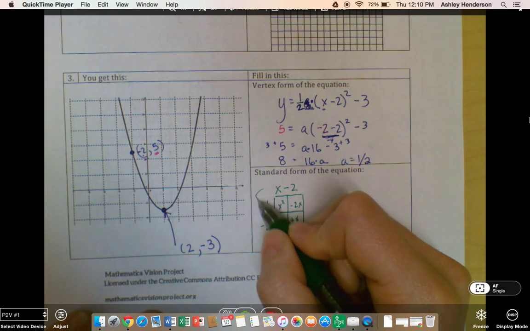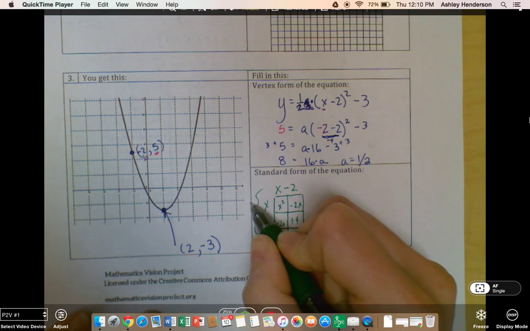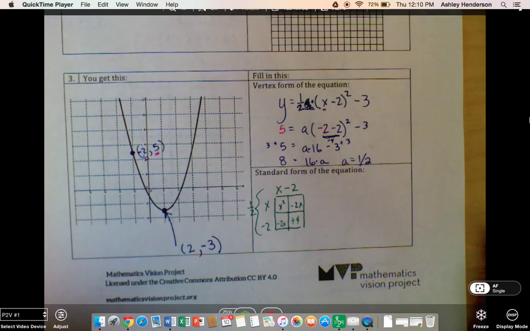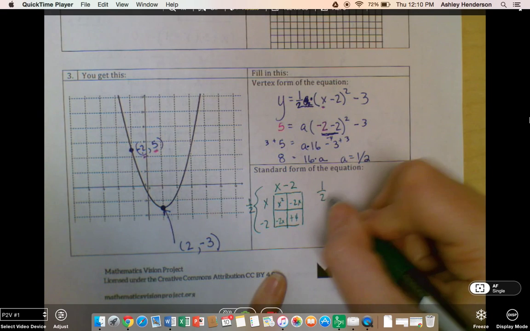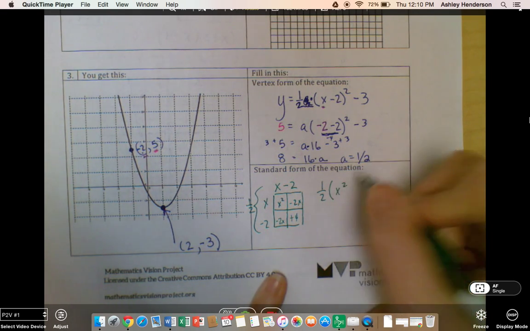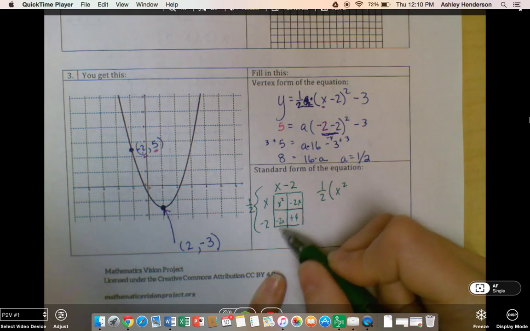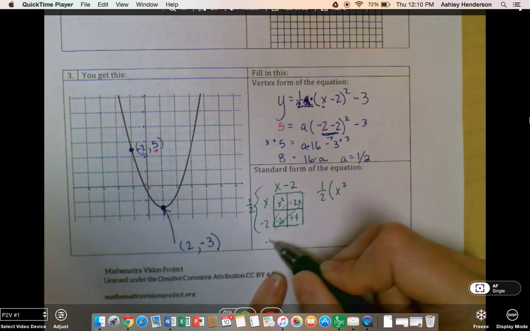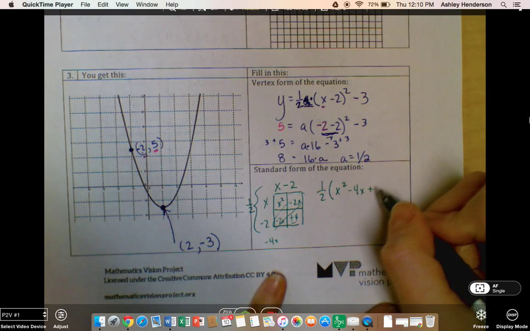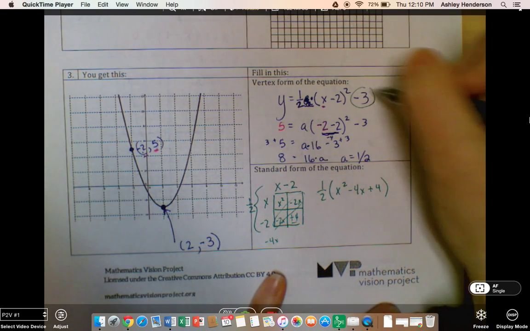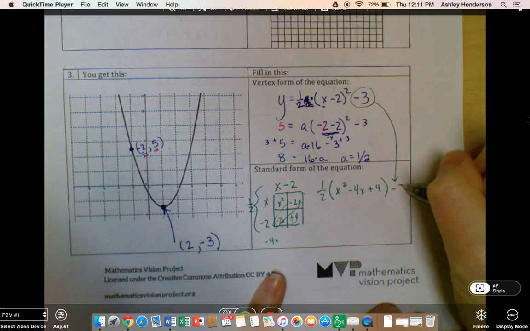Here's the thing you want to be careful of though. We have a half of these. So algebraically we're going to want to take care of that. So we have 1/2 times x squared. These two are going to come together to make negative 4x, and then plus 4, and then don't forget me, minus 3.